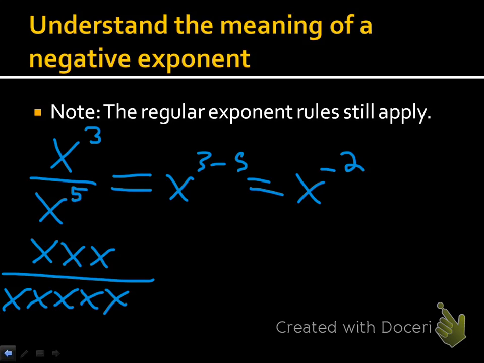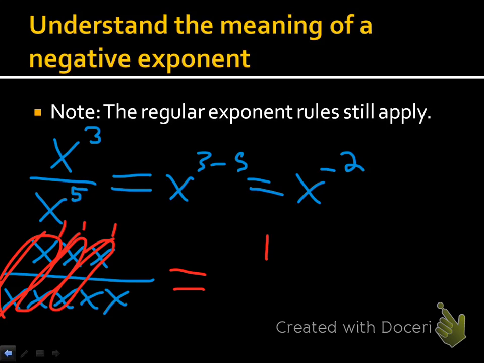Now if I eliminate the pairs of x's that we're dividing by, these all turn to 1 on top, and I'll be left with 1 over x times x, which is 1 over x squared.